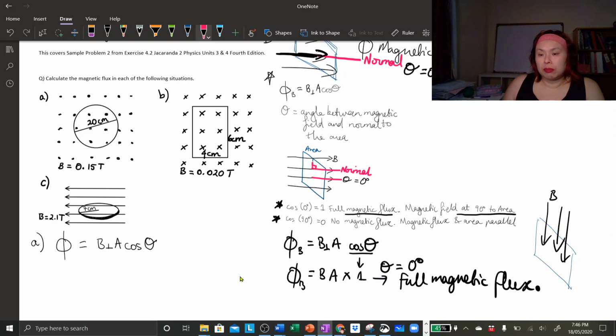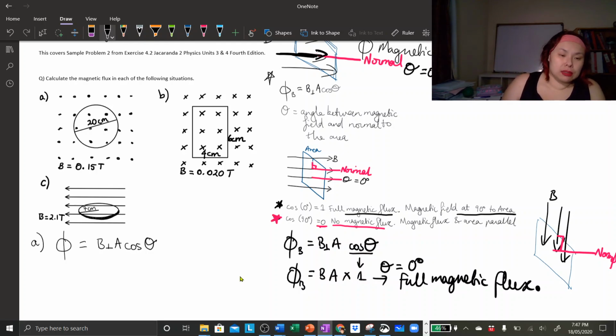The normal is at right angles to the magnetic field. So if you look at the angle between the magnetic field and the normal, it's 90 degrees, and that's when we're going to have cosine of 90 degrees. Cosine of 90 degrees is 0, and so therefore you get no magnetic flux.